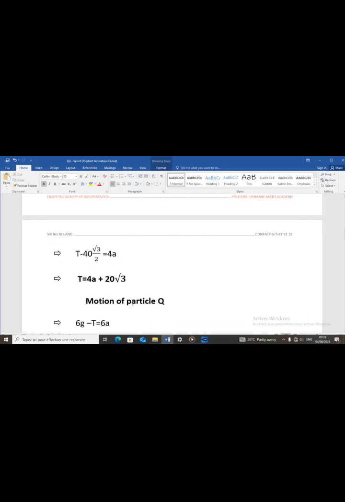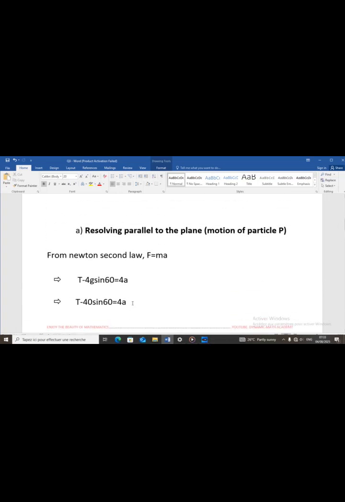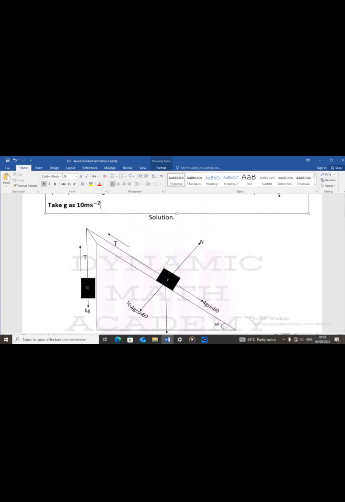Now, the motion of particle Q. Remember the acceleration is going downward. So the force that will cause this block to go down will just be the weight of the particle, and this tension force will be acting like a resistive force.